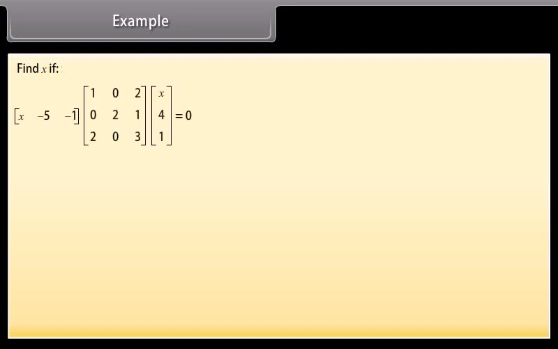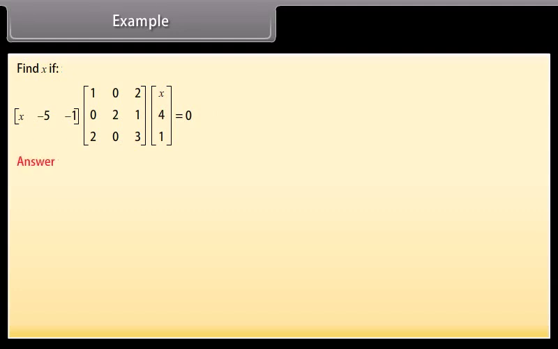Example. Find x if [x, -5, -1] multiplied by the matrix with first row 1, 0, 2, second row 0, 2, 1, third row 2, 0, 3, multiplied by the column matrix [x, 4, 1] is equal to 0.